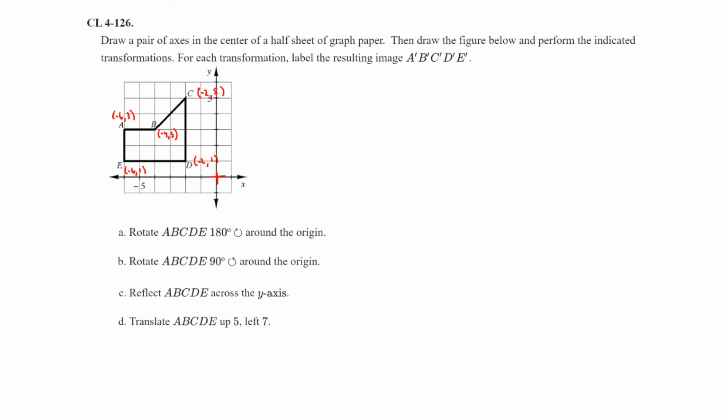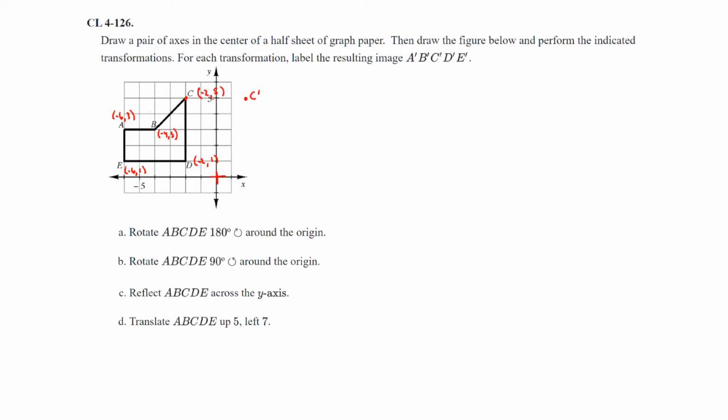On part C, when you reflect ABCD across the y-axis, so you'd be reflecting across this line, and this point C you would reflect, you just count 1, 2, 1, 2, so then point C would be over here when you're reflecting across the y-axis. And then on D, when you translate it, you're just going to count up 5 and to the left 7 on all the points to find the new ones.